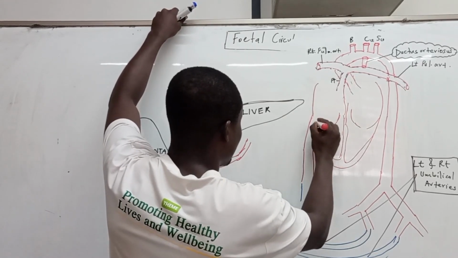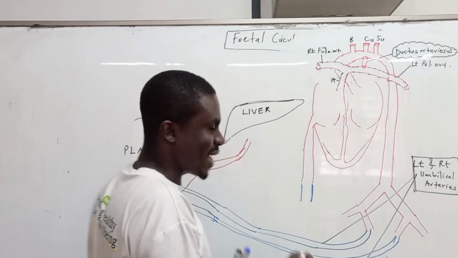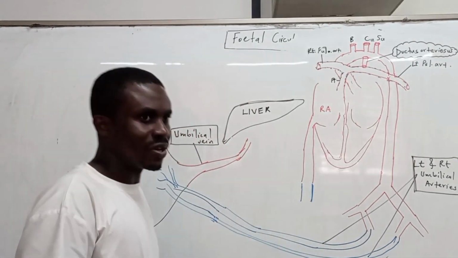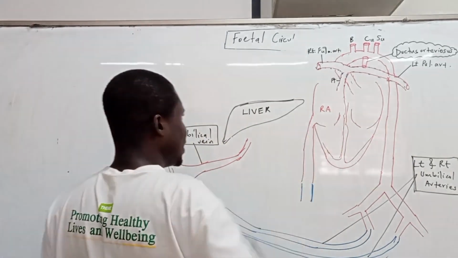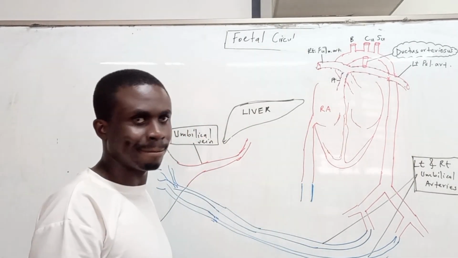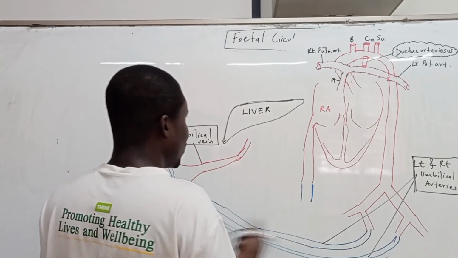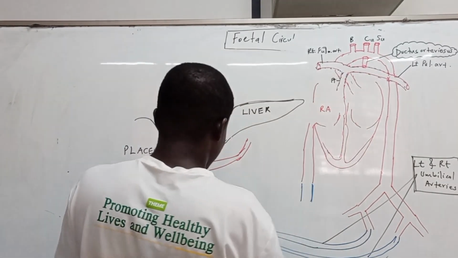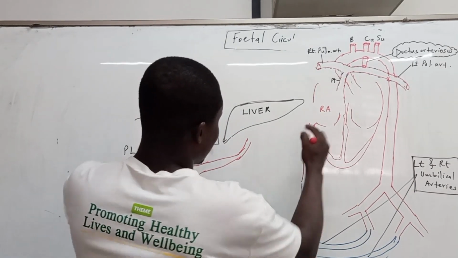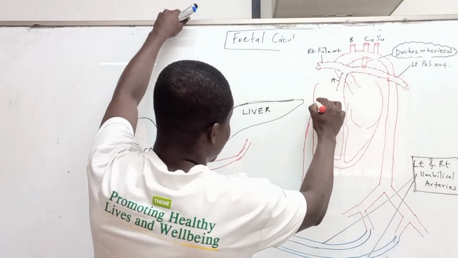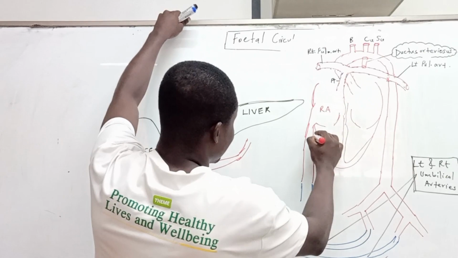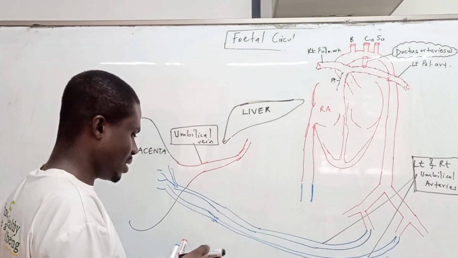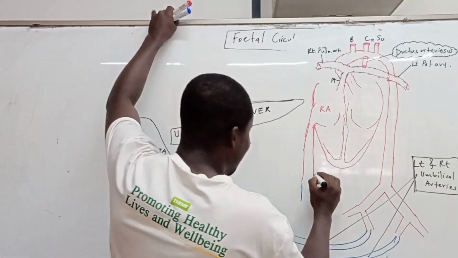It's going into the right atrium. So from the lower portion, it's coming in here. Let me take it a bit further. So this is what we call the inferior vena cava.